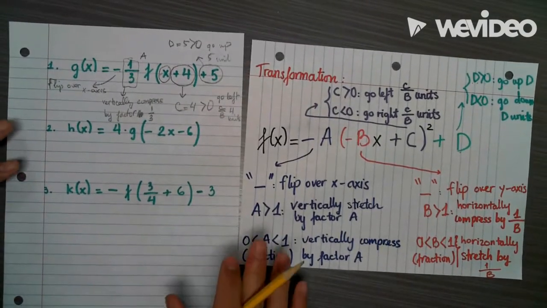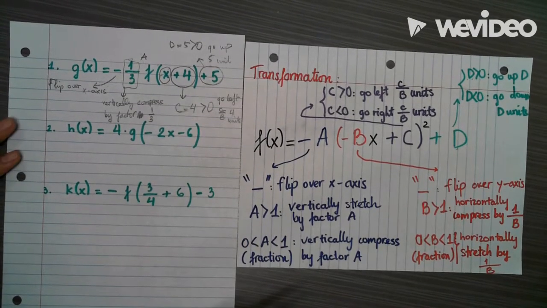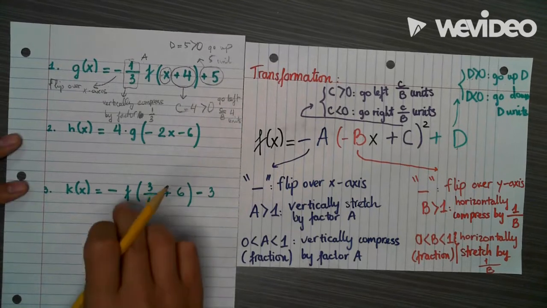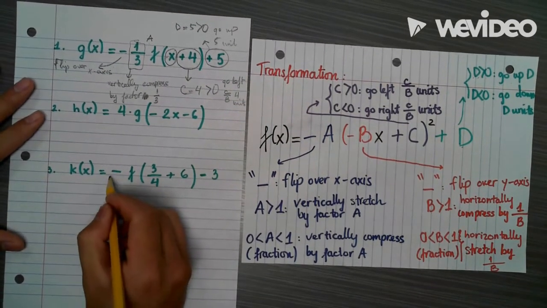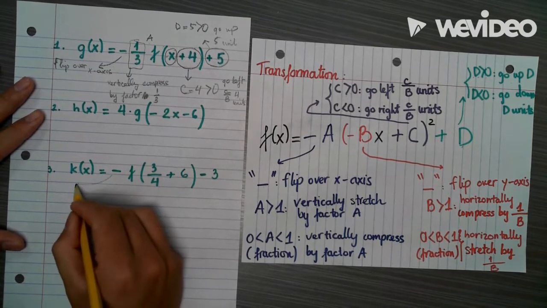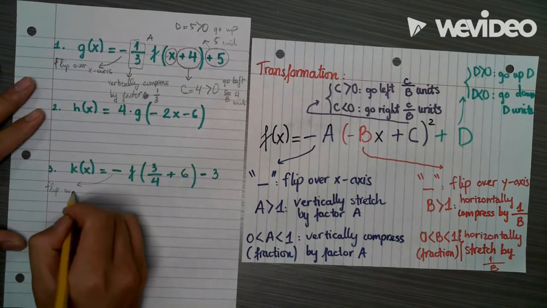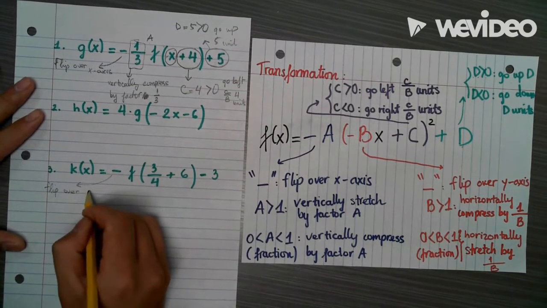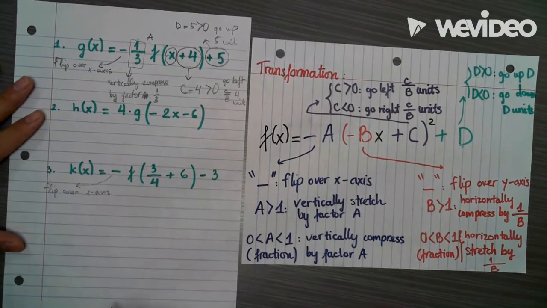You just do exactly the same thing, right? So let me do this one, okay? Number 3, this negative here, again, is negative outside, so we just say the same thing, flip over outside, right? So outside, flip over x-axis. There's no number, meaning no a, right?